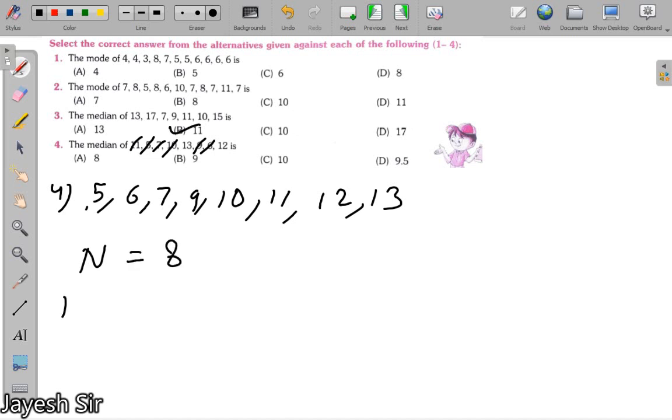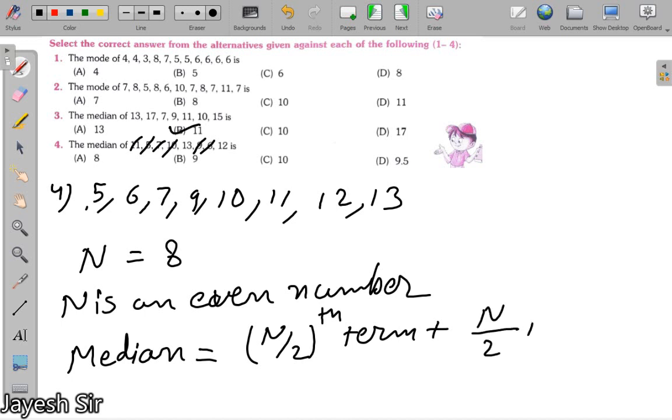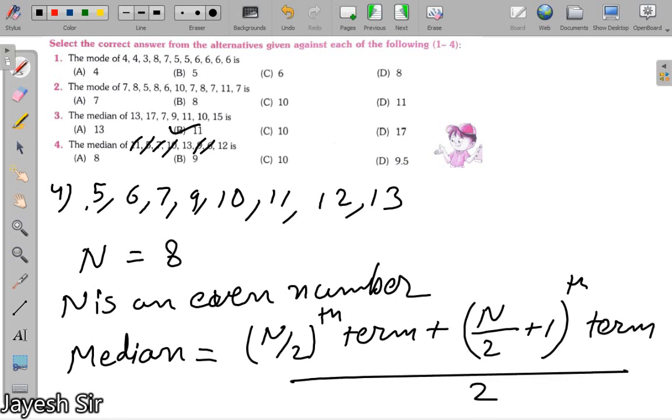Here n is an even number. So for an even number, the formula for median is given as the (n by 2)th term plus the (n by 2 plus 1)th term, upon 2.